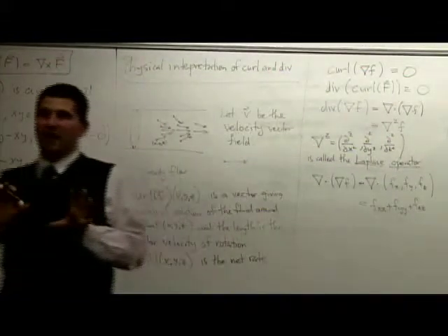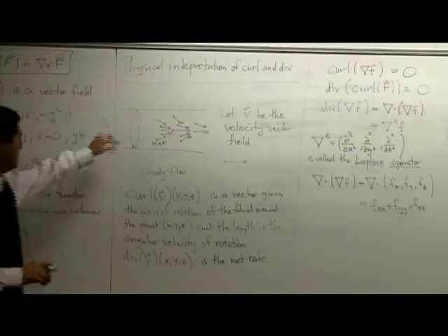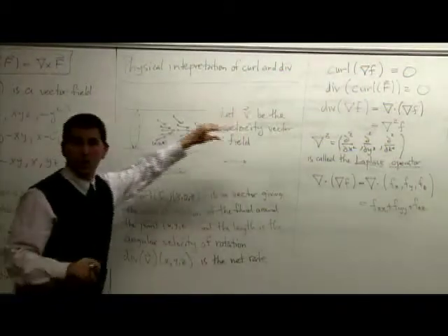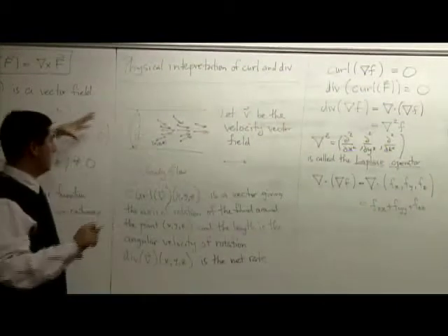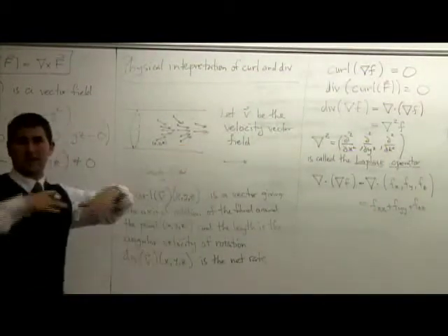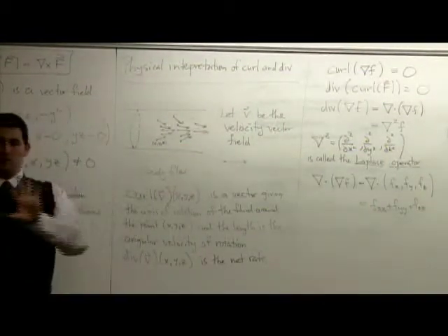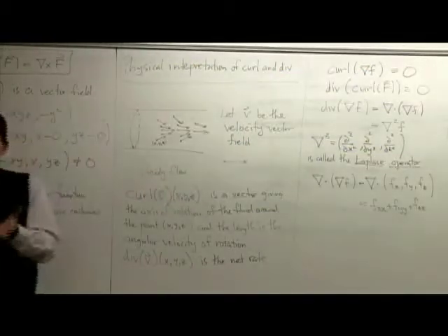Or that is, I feel like, moving away from that point. So there's fluid that is moving away, and there's fluid that's moving toward it. And I want to know what that net rate is, right? In the end, how much is going away minus how much is going in towards it.